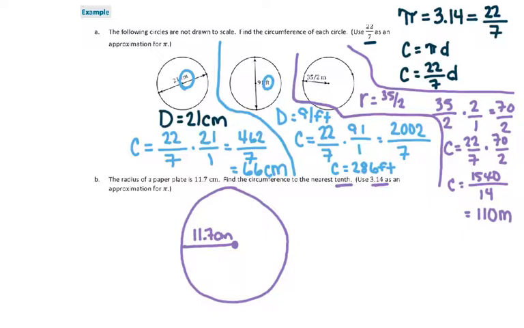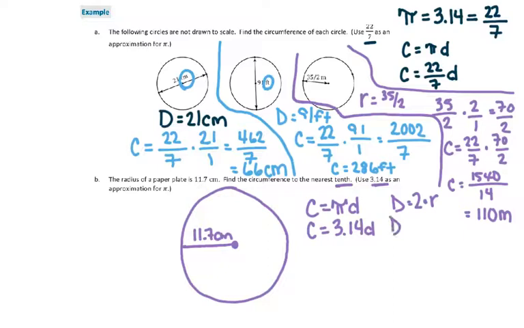All right. So we know that we're going to find the circumference of our circle by multiplying pi times d, or the diameter. So in this case, we're saying C equals 3.14 times the diameter. Now, in this case, they gave us the radius. Remember that we can find the diameter of a circle by multiplying the radius by 2.